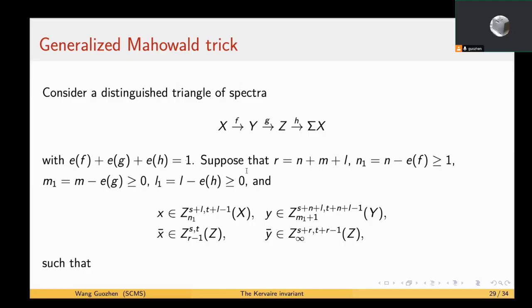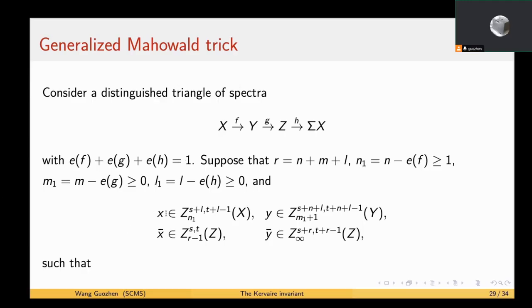Now suppose r equals n plus m plus l, n1 equals n minus e(f), which is greater or equal than 1, m1 equals m minus e(j), which is greater or equal to 0, and l1 equals l minus e(h), which is supposed to be non-negative.